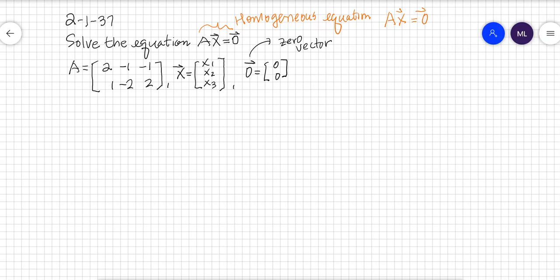Now, I want you to notice that both x and 0 are vectors. So now, how we approach this, we're going to use an augmented matrix.